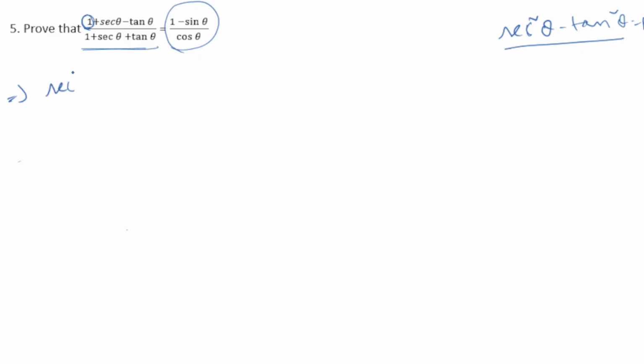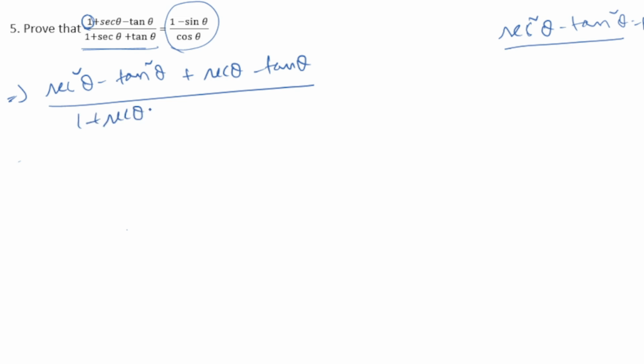Next one. We have to prove that 1 plus secant theta minus tan theta divided by 1 plus secant theta plus tan theta is equal to 1 minus sin theta by cos theta. So here what do we know about secant theta and tan theta? We know secant square theta minus tan square theta is equal to 1. See here, instead of 1, we will substitute this identity. Here we'll get secant square theta minus tan square theta plus secant theta minus tan theta divided by 1 plus secant theta plus tan theta.